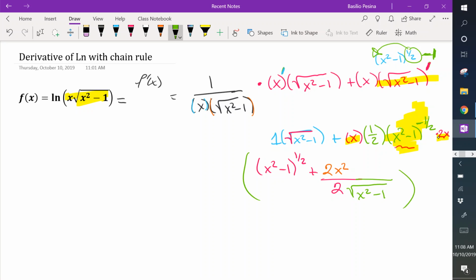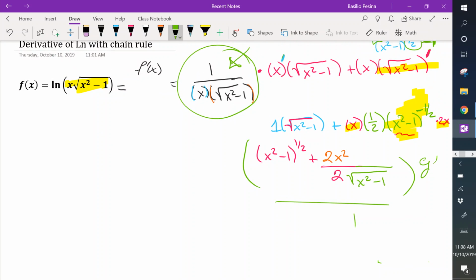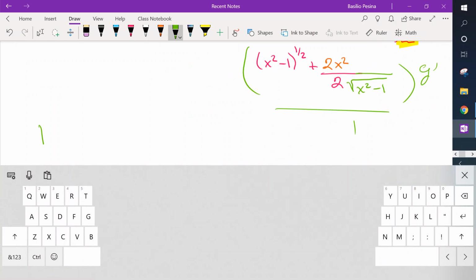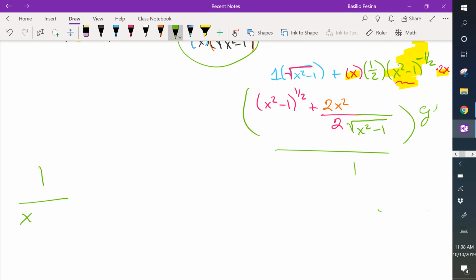So remember, this right here is my function g prime, so that's going to get multiplied times this one right here, because this is all over 1. So let me clean this up a little bit. So I have the original function, this right here, which I'm going to move a little bit lower. And I have 1 over x squared minus 1 to the 1/2.